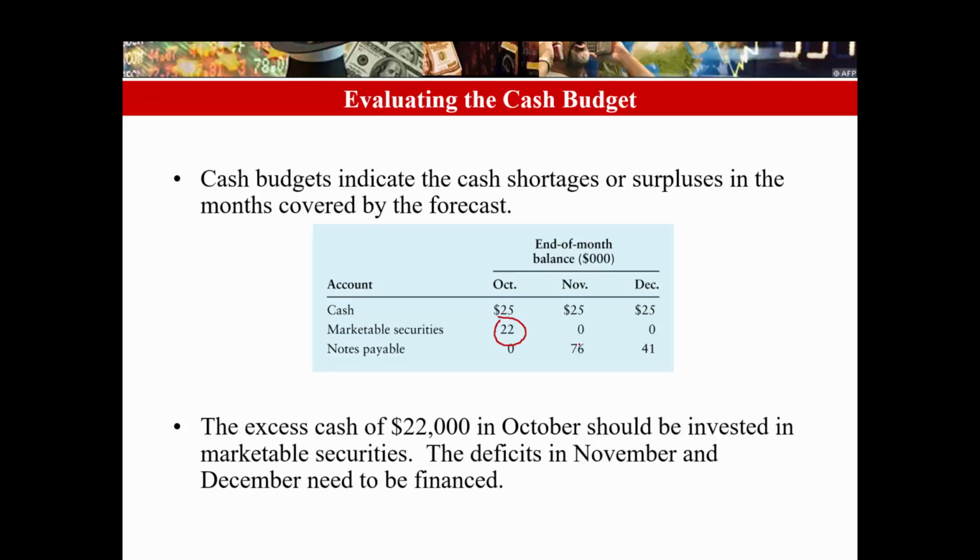But in November, we will have notes payable of $76,000. In December, that is going to decline to $41,000 because of the surplus cash that we receive. We will pay off some of the bank debt, and that will bring our balance to $41,000. So that will allow us to plan for these possible outcomes, and we will avoid insolvency by engaging in a cash budgeting exercise.